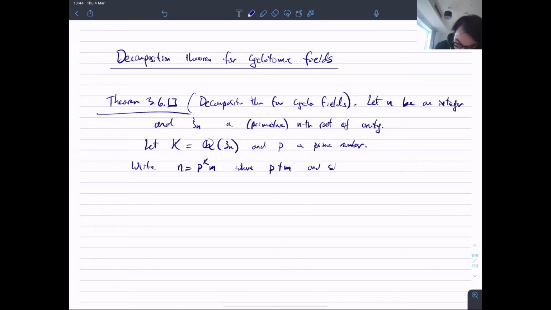And I'm going to set e to be φ(p^k), where φ is the usual Euler totient function, which counts how many numbers less than p^k are coprime to p^k. This is going to turn out to be my ramification degree.